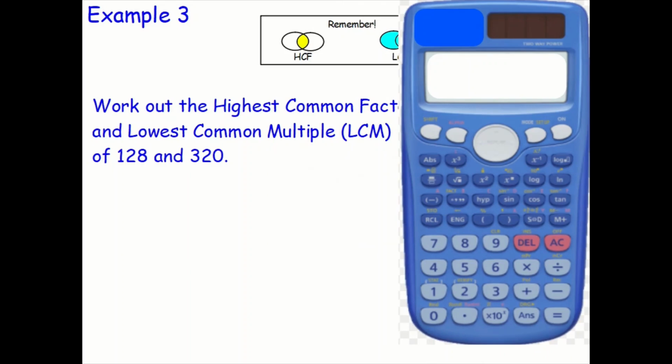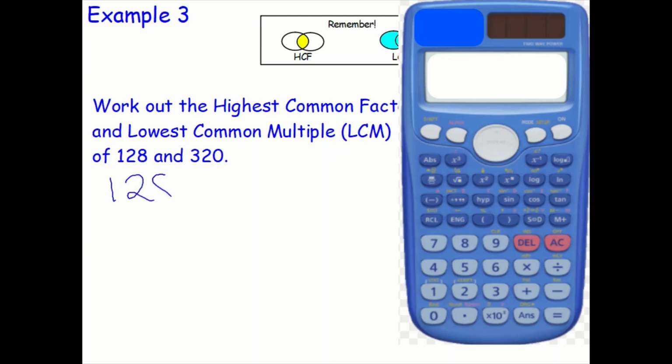So 128, type in 128 on your calculator, press equals, and then press the shift button followed by this button here, which you might be able to see in small writing says fact. And 128 comes out to be 2 to the power 7.